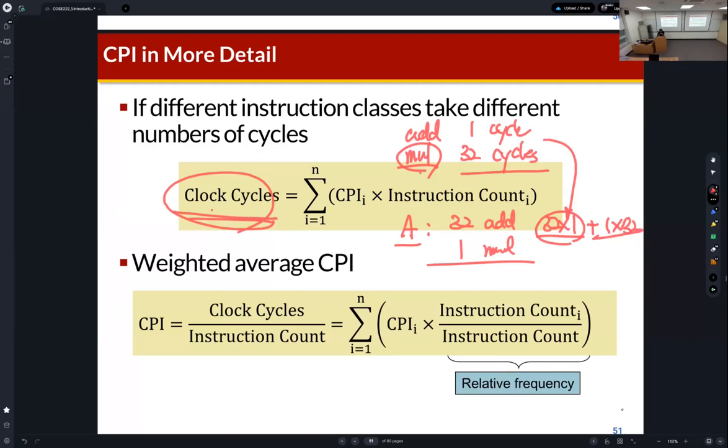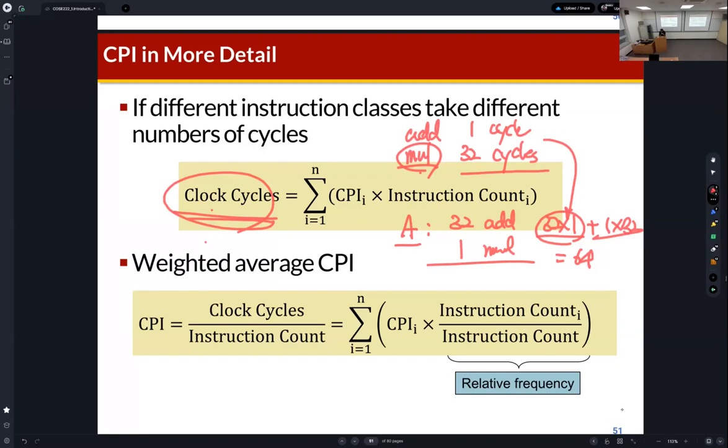So 32 cycles per multiply, so it's 64 in total. So this is the total clock cycles for application A. So you need to remember that different instructions may exhibit different clocks per instruction.